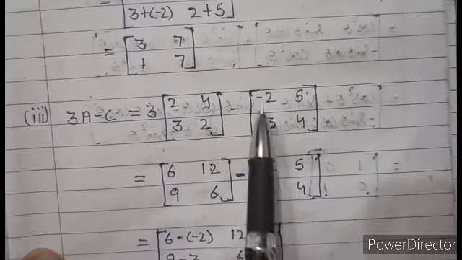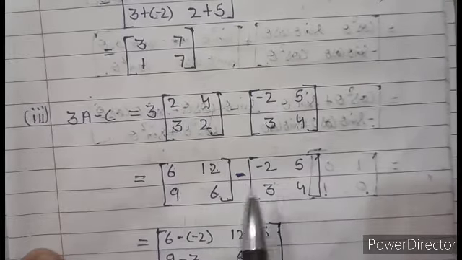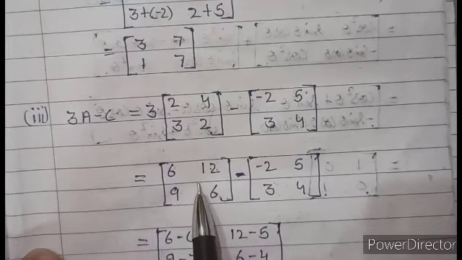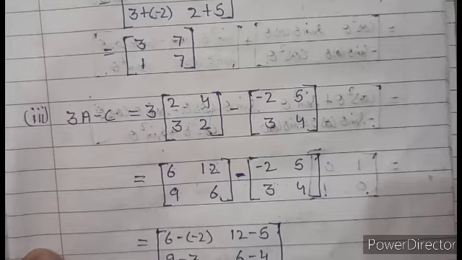Now minus matrix C. Again, in subtraction of matrices we subtract the corresponding elements of the matrices.